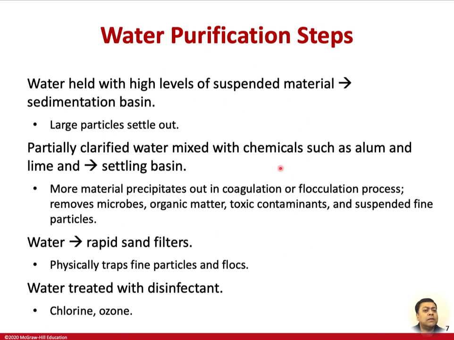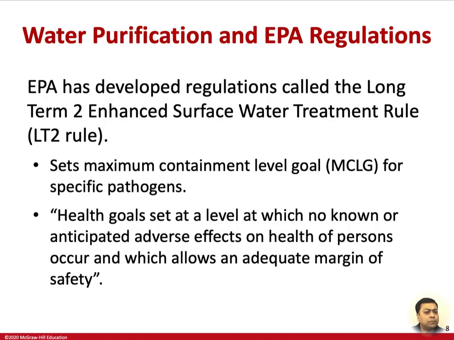So these are some of the concerns that we do have. So next, the EPA has developed a regulation which is called the Long-Term 2 Enhanced Surface Water Treatment Rule. And this sets the maximum contaminant level goal for the specific pathogen.